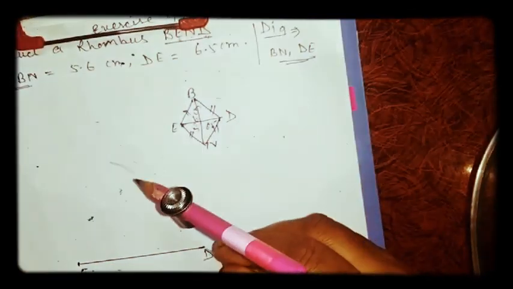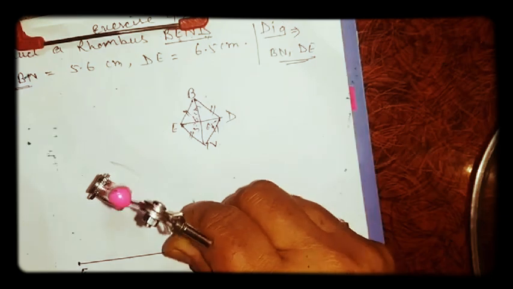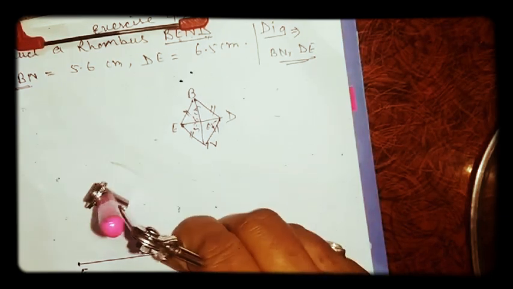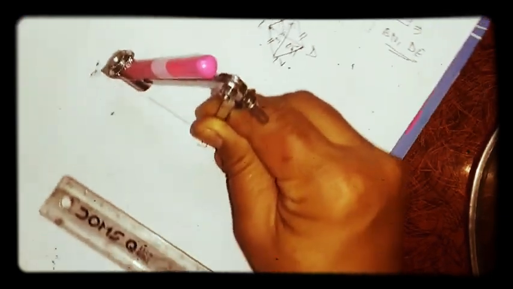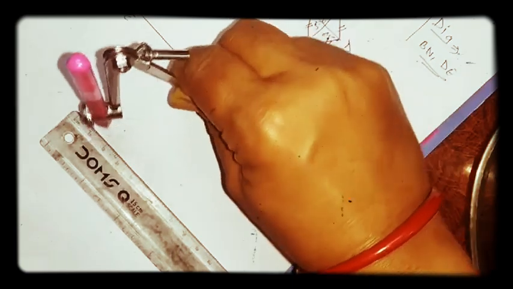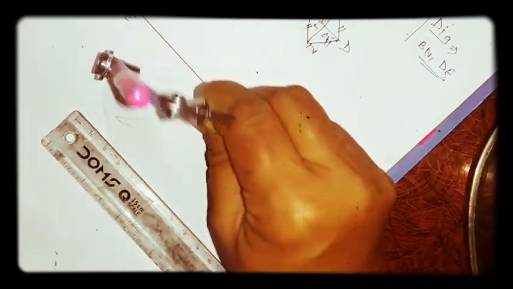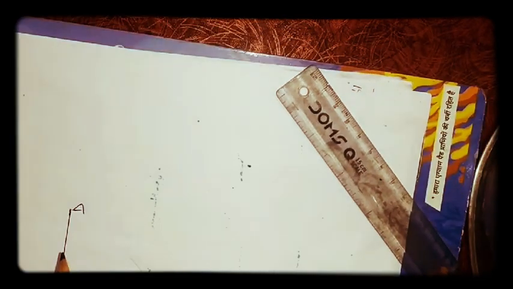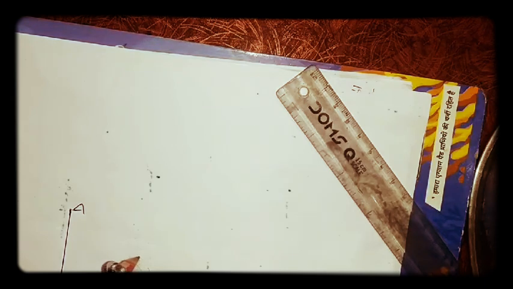Now from D point also we'll do the same without changing the compass, this radius, one arc here and another arc here, this side. Okay, I think this is not properly done. Like this. Okay, both the way we have done.